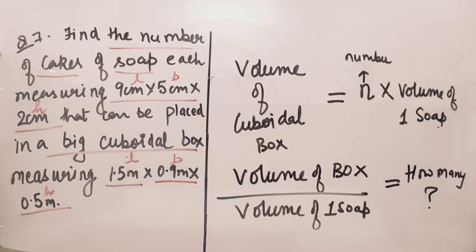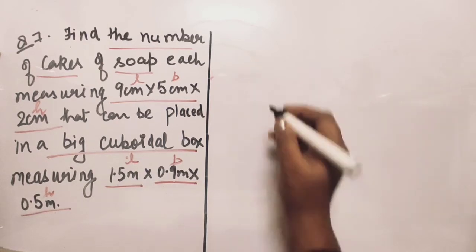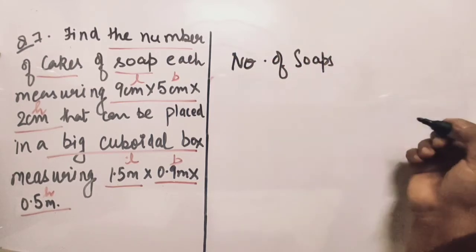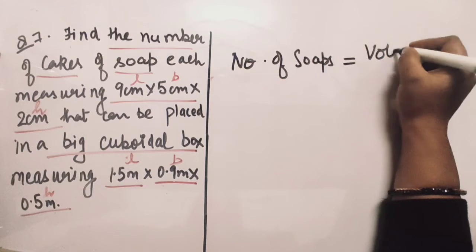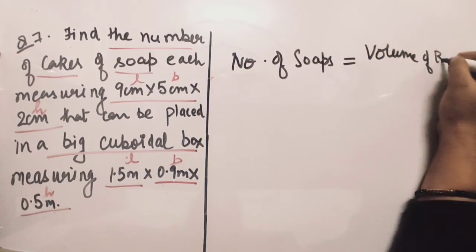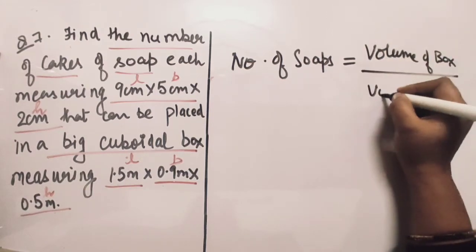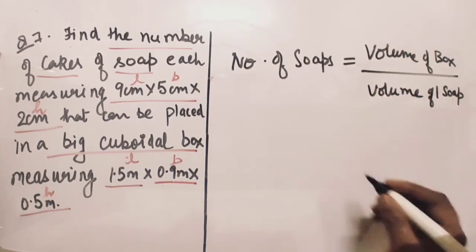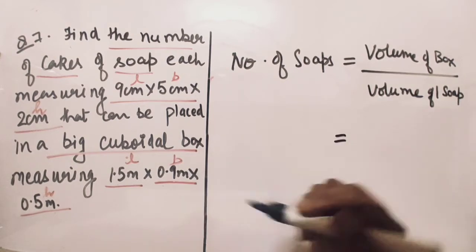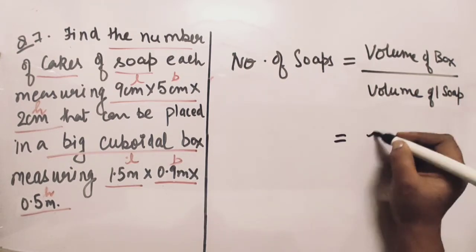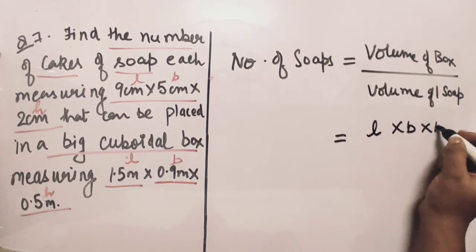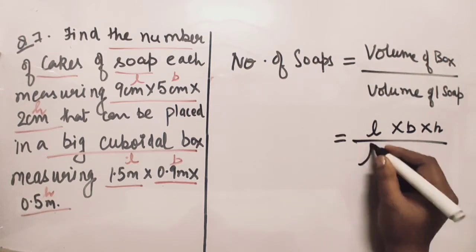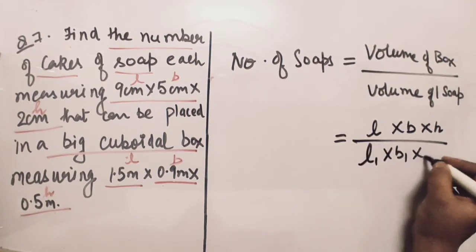The number of soaps, as per the discussed concept, will be equal to the volume of the box divided by the volume of one soap. The box is cuboidal, so its volume will be length into breadth into height. And soap is also cuboidal, so its volume will also be length into breadth into height.